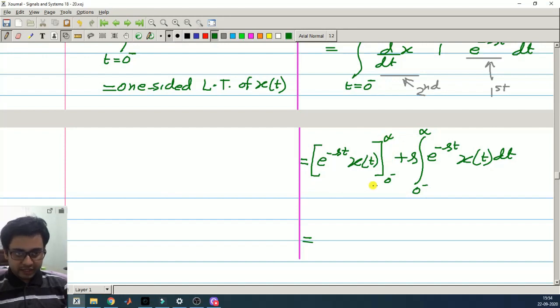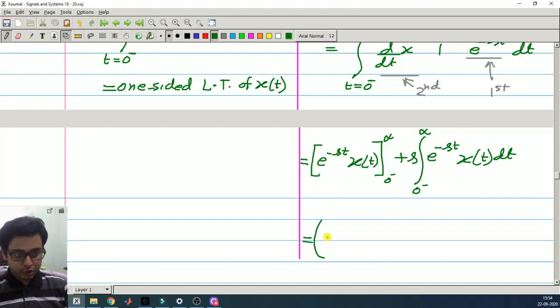Here let me put t equal to infinity. If you put t equal to infinity, then e to the power minus st will become 0, provided the real part of s is sufficiently positive.